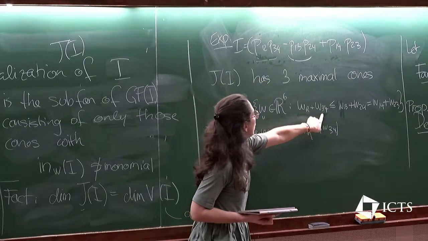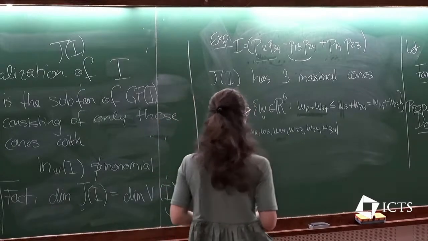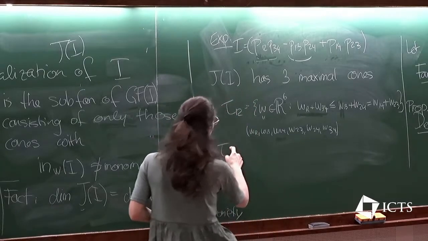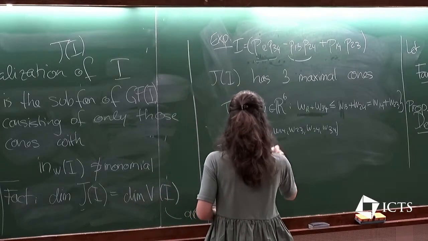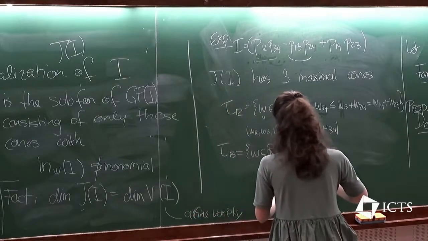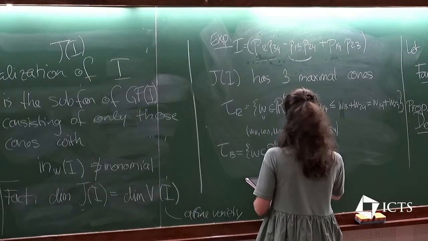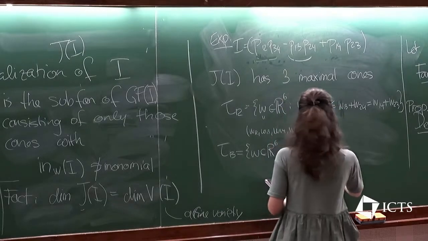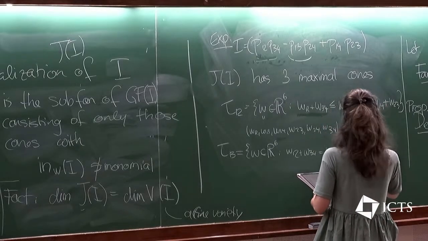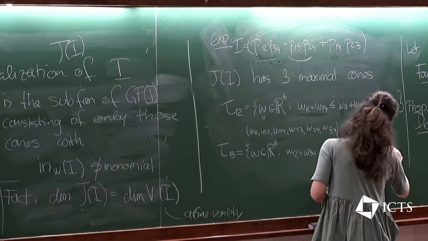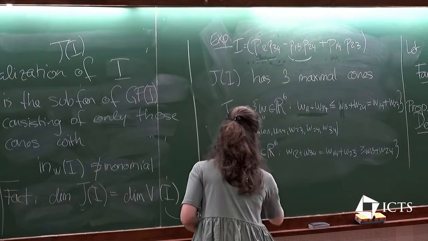So it reads off these two, and the other is this. Right, and then I have the other two cones, tau 13 and tau 14, similar.